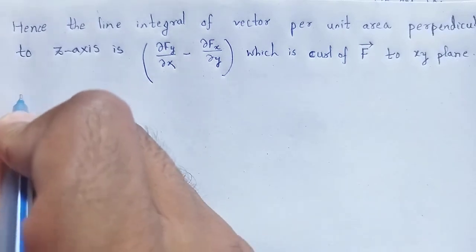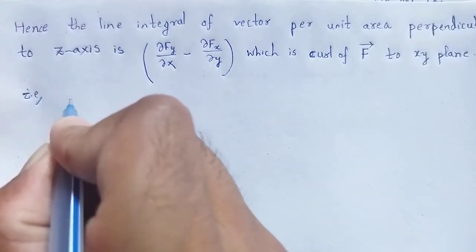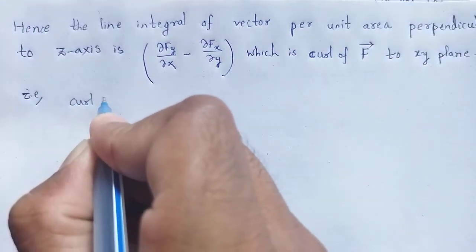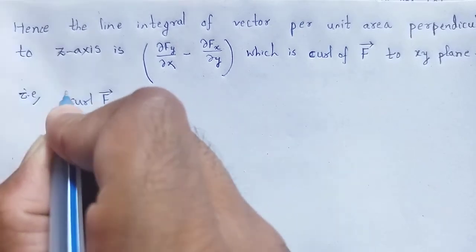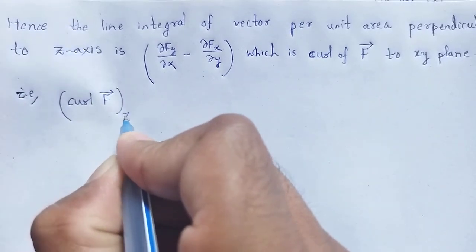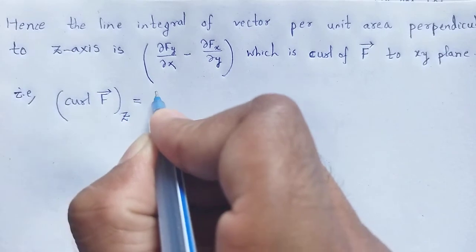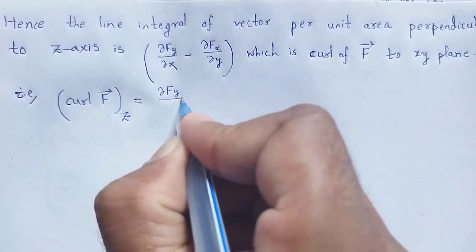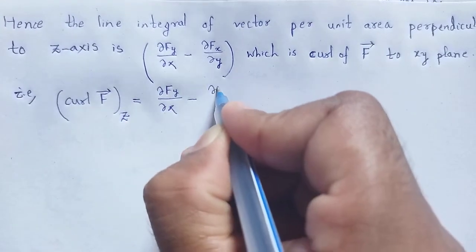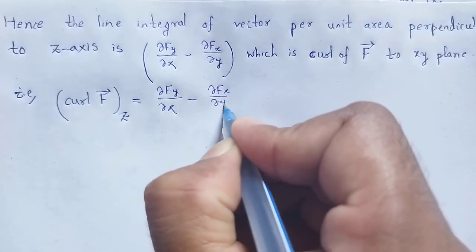That is, we can write curl of f vector perpendicular to z axis is equal to del fy by del x minus del fx by del y.